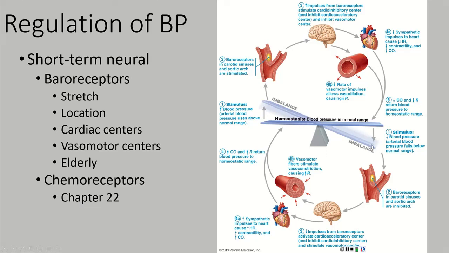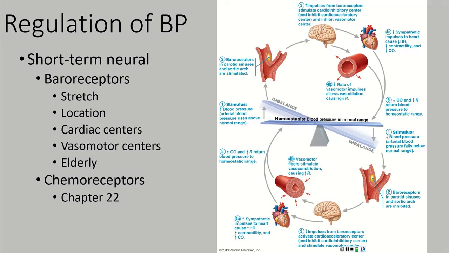When you're reclining or sitting for a while, blood is getting back to your heart pretty easily. But when you stand up, all the blood that's down in your legs suddenly has to fight gravity to get back to your heart. When you stand up, there's a sudden decrease in venous return.